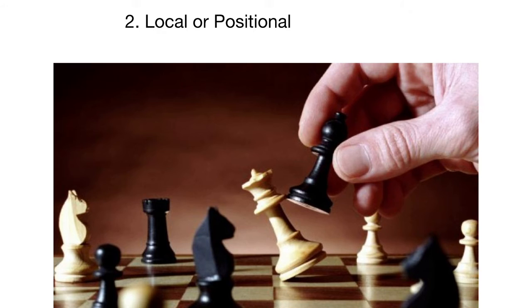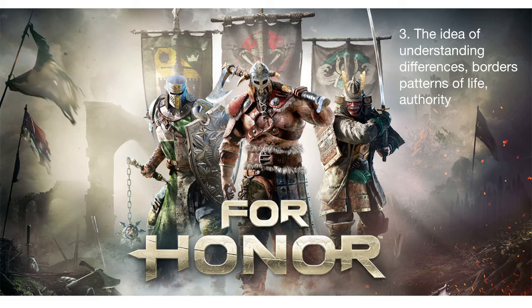Where are you in context, in your specific zone, and where are you positioned in a much bigger plane, let's say in a bigger area? How do you map your position? Where do you go? I'm not saying in the literal sense, but where do you go? The idea of understanding differences, crossing borders, patterns.